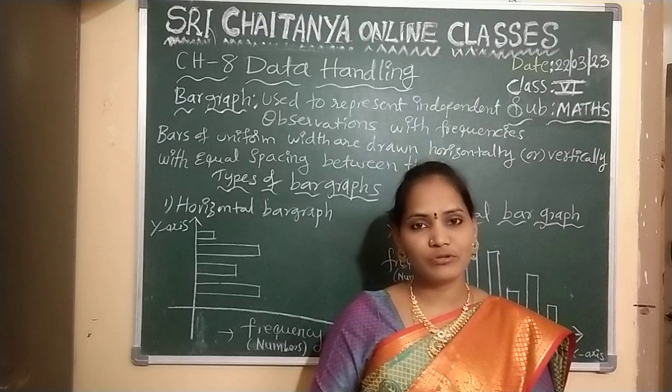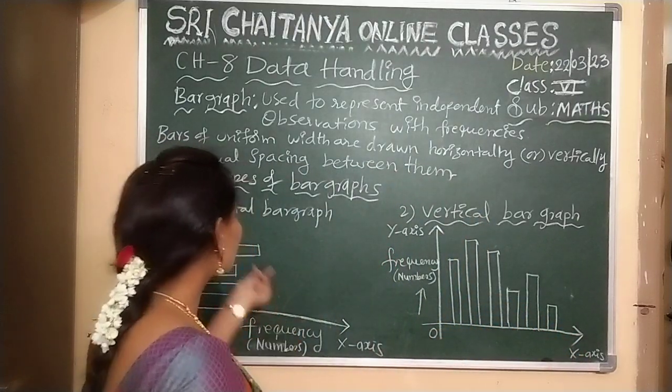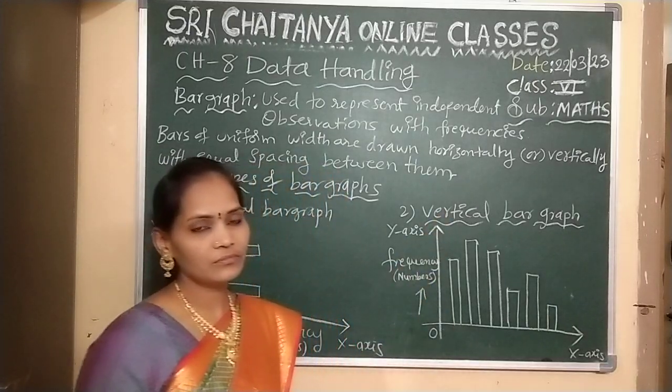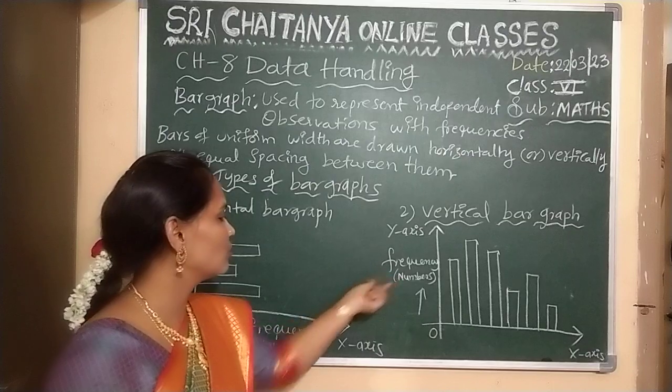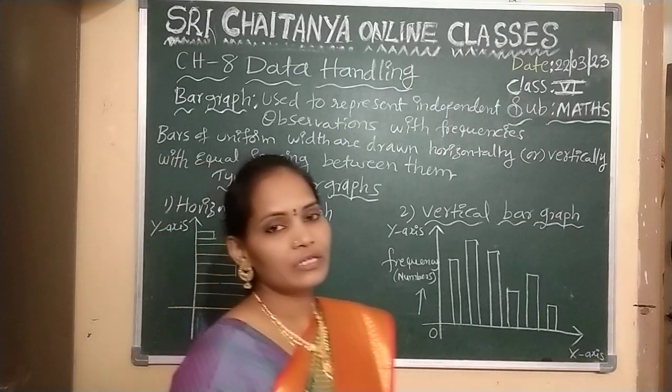No need for confusion. Just see, if you take the frequency on the x-axis, it is horizontal; if you take it on the y-axis, it is vertical. Wherever you take the frequency, that type of bar graph you can name it.